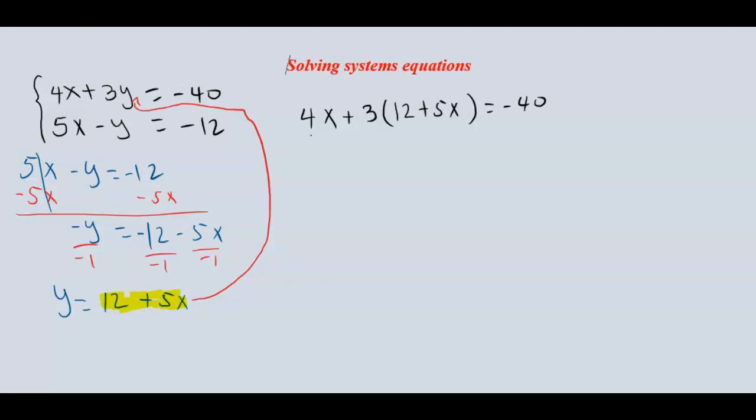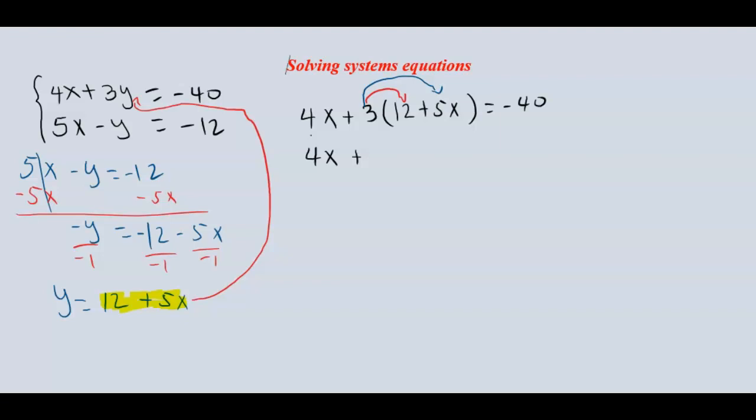So we have 4x plus, and in this case we have to use the distributive property so we can get rid of the parentheses. We're going to have 3 times 12 and also 3 times 5x.